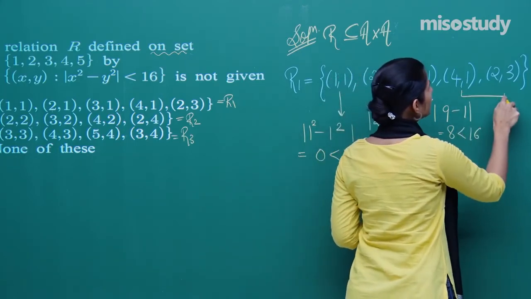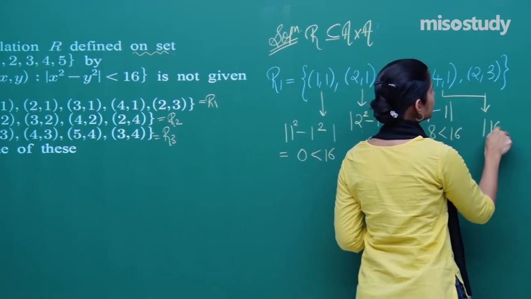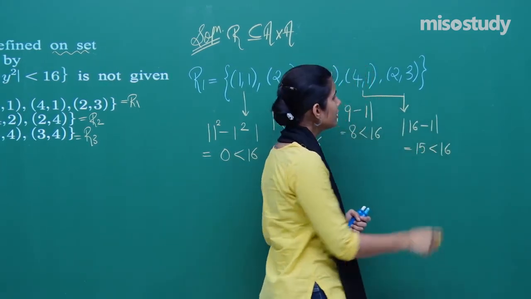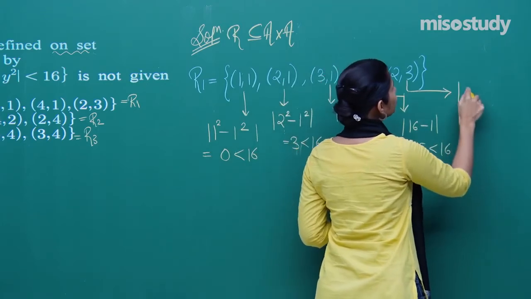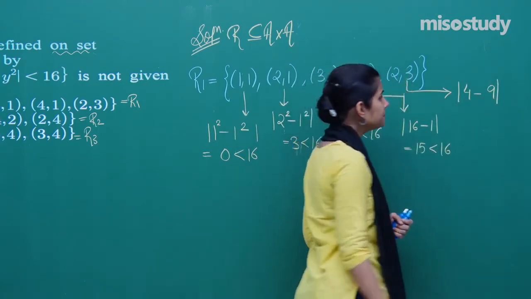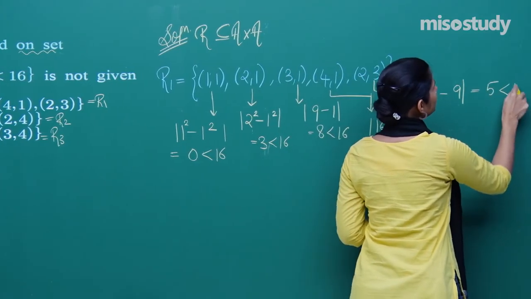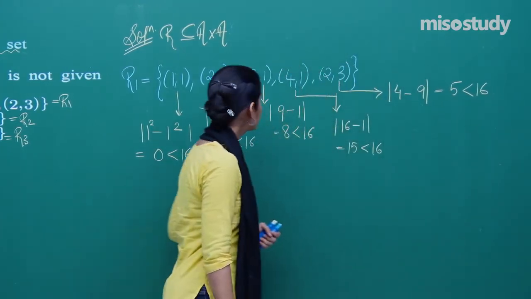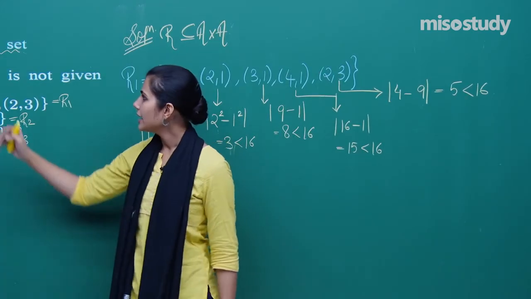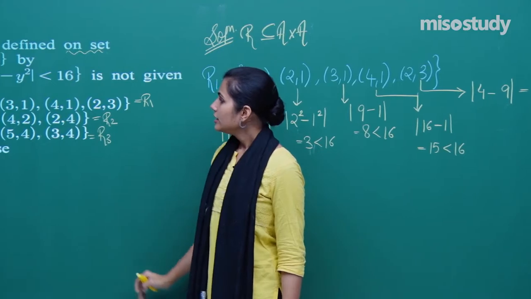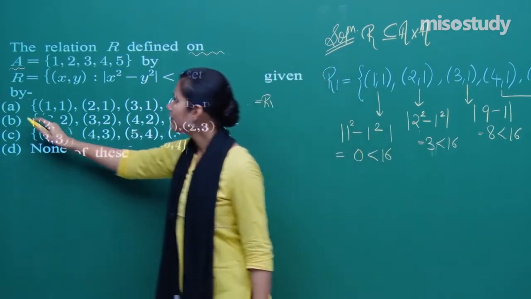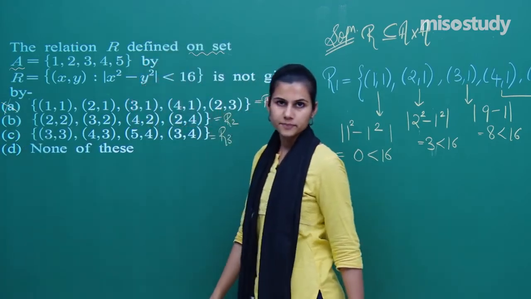If I move to this, I get 16 minus 1, giving me 15, which is less than 16. If I pick up this, I get 2 square, which is 4, minus 3 square, which is 9. The answer is 5, which is strictly less than 16. And so R1 definitely is a relation given by this rule. That means R1 does satisfy this rule, and therefore A cannot be the correct answer.